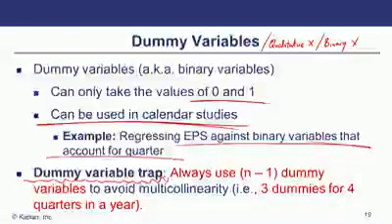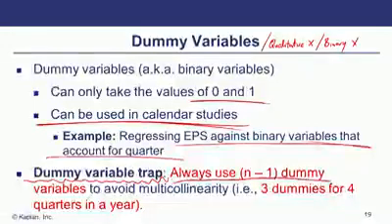This is adamantly wrong, because if you use 4 dummies for 4 quarters, you fall into the trap of perfect multicollinearity. If you use 12 dummies for 12 months, you fall in the trap of perfect multicollinearity. Always use 1 less dummy than states of the world. I.e., for our quarterly study, we'll be using 3 dummies for the 4 quarters.